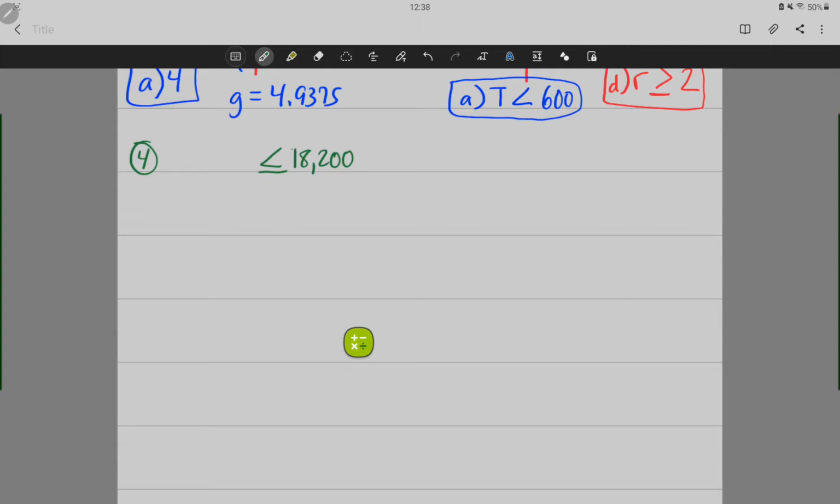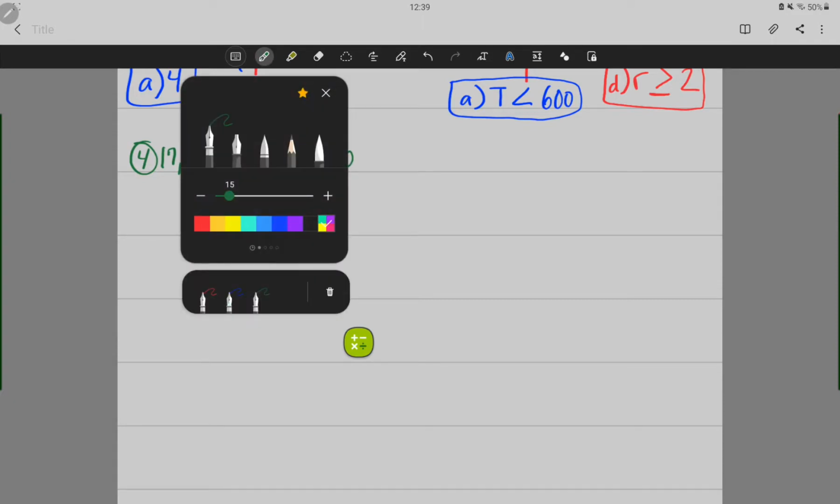Right now it says that there are 17,400 people at the concert, and more people want to go. So if more want to go, that's adding a certain number. We don't know what the number is. That's okay. You can just use a variable to represent that number. So I'll just use P for more people. So that's the inequality. Now we just have to solve.